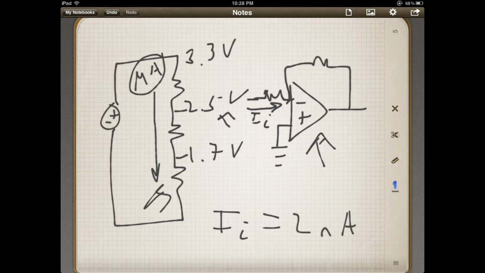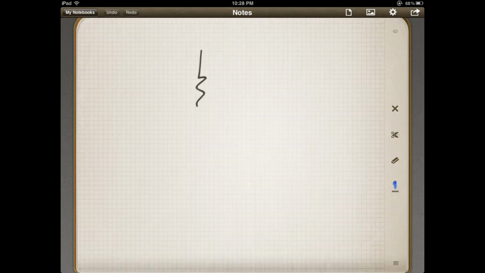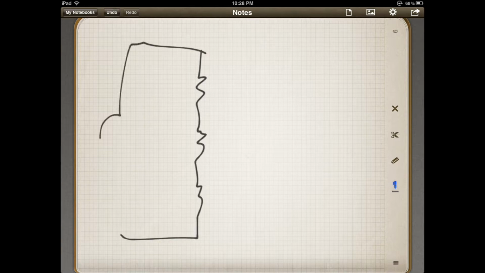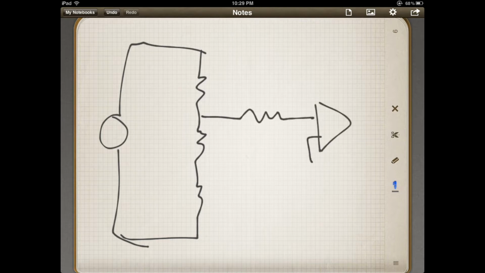So when you have it in microamps, if this op amp is stealing microamps too, then your voltage has a tendency to change, because you've basically got a resistor here, a resistor here, as in your stack. That's what I drew. You're coming here and grabbing like this, and there's your op amp.